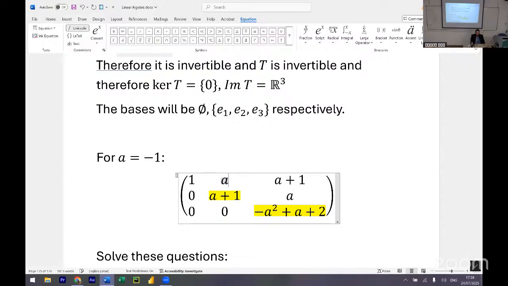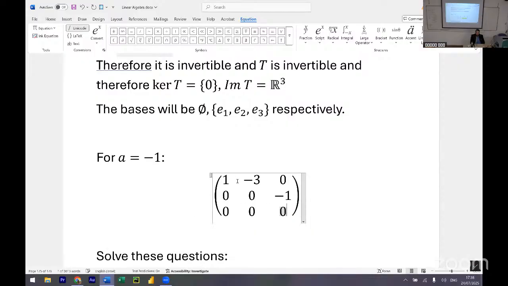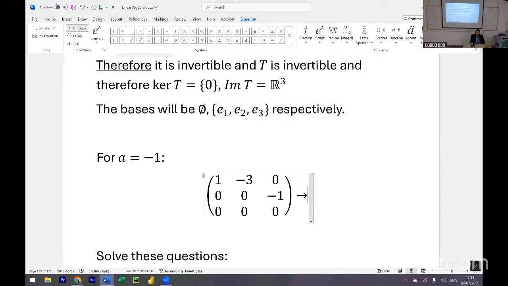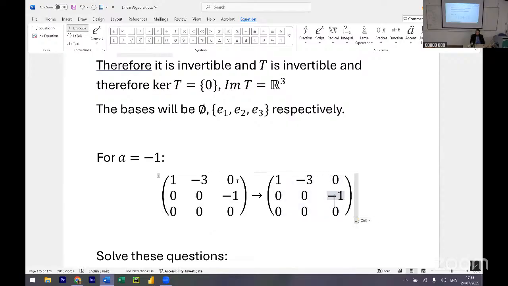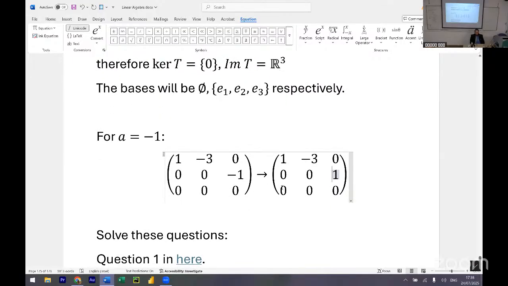This is minus 3, this is 0, this is 0, this is minus 1, and this is 0. It's almost reduced echelon form. So that is 1.